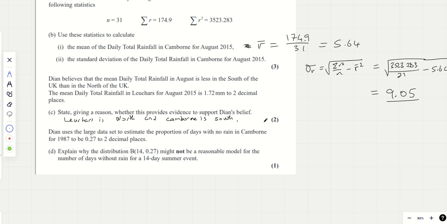And so the mean is smaller for Leuchars, and so it would seem that there is no evidence for Deanne's belief. Because Deanne is arguing that the mean daily total rainfall is less in the south, but actually it's less in the north, which I'm finding quite surprising. Leuchars is in the north and Camborne is south, but the northern town has lower rainfall.